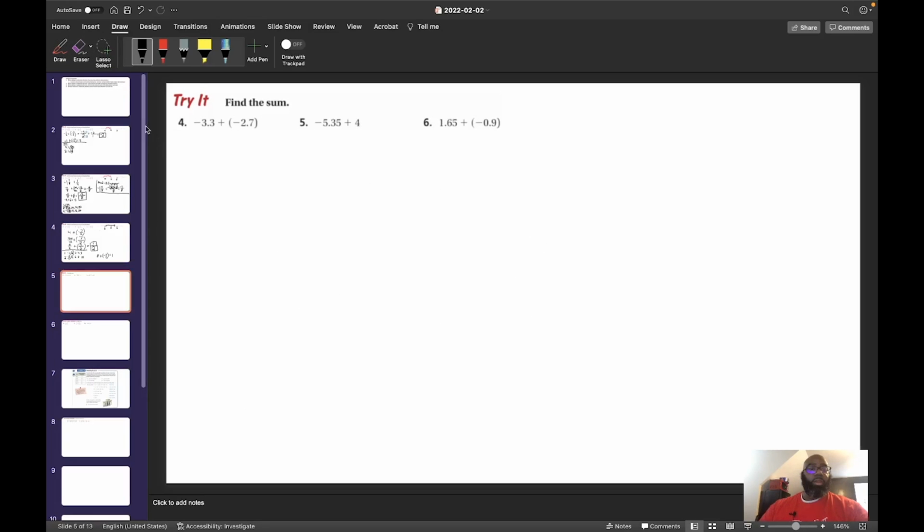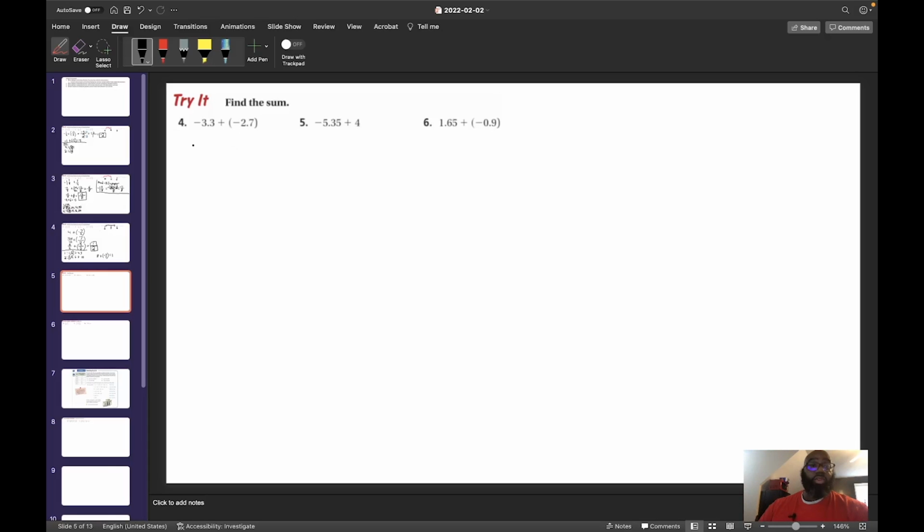Okay, all right, so decimals. Let's look at these. The best way to look at this is you have a negative number plus another negative number. When you're adding two negative numbers, the answer is going to be a bigger negative number. So let's ignore the signs and get the magnitude of the answer.